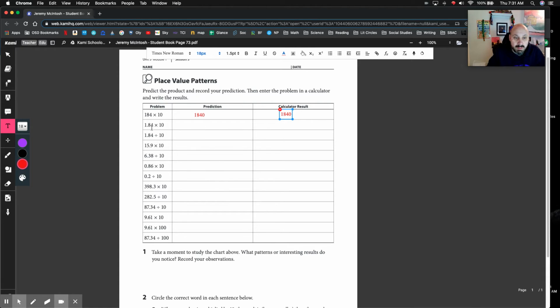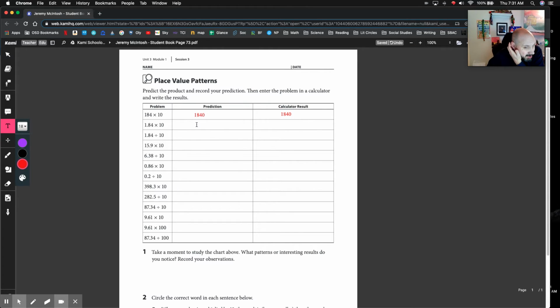So the next one is 1 and 84 hundredths, or $1.84, times 10. Prediction here. Well, I notice the decimal place in this number has actually moved to the left 2 places from where it was in 184. So it's really 1 and 84 hundredths times 10.